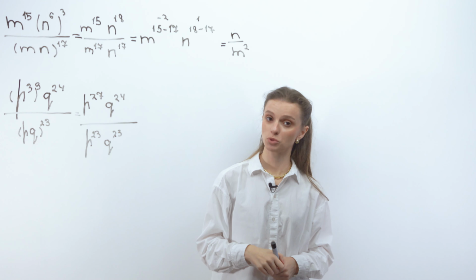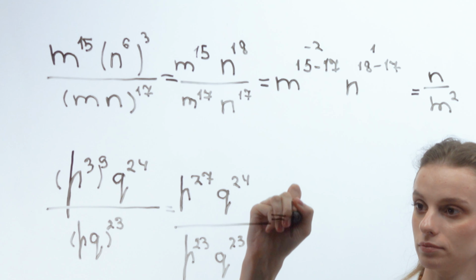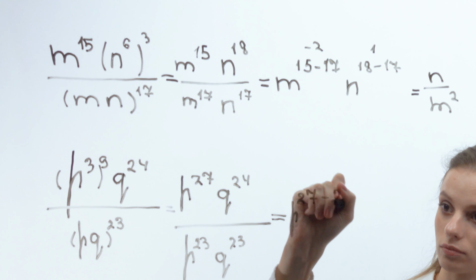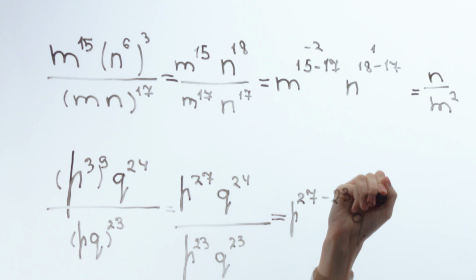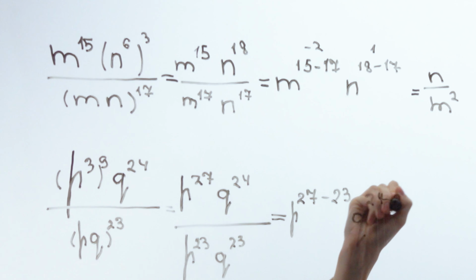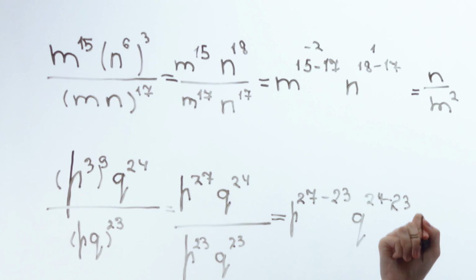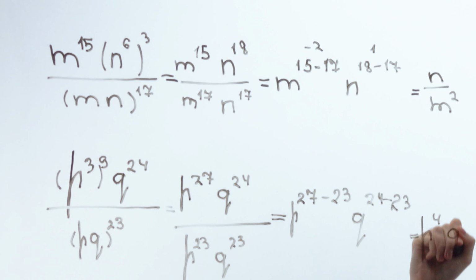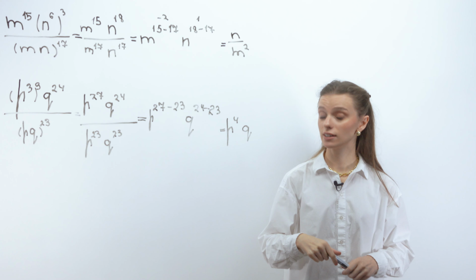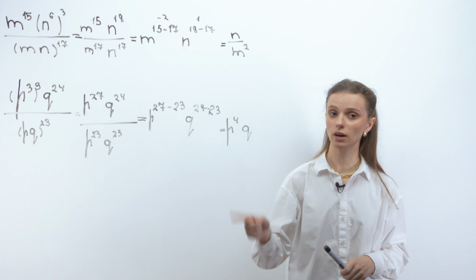And now I'm going to subtract because I am dividing. So 27 minus 23, 24 minus 23. 27 minus 23 is going to be 4, so p to the 4th power, and 24 minus 23 is 1, so q. Your final answer is p to the 4th power, q.